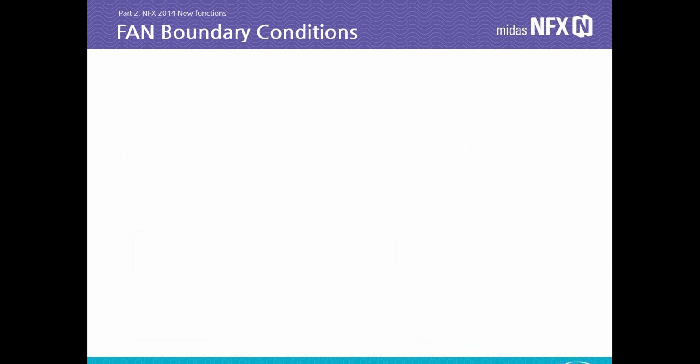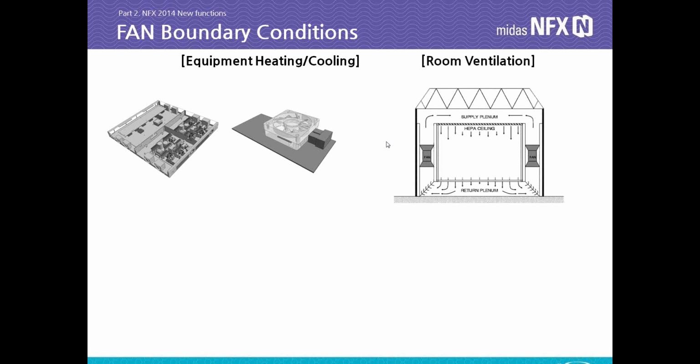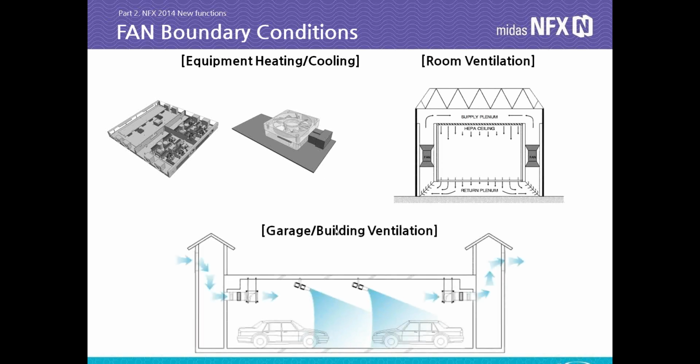Now the third improvement is the fan boundary condition. For equipment heating or cooling, or maybe room ventilation, or if you're doing garage or building ventilation, all that, you need to have a fan model.